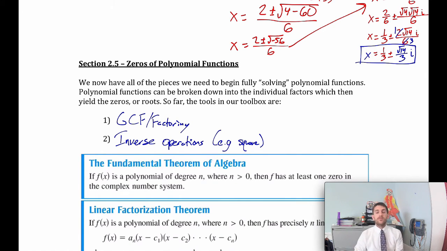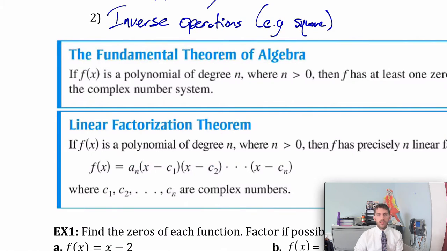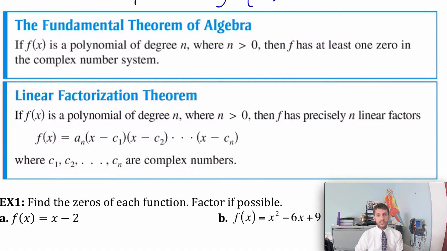So the fundamental theorem of algebra says if f of x is a polynomial of degree n and n is greater than 0, then f has at least one 0 in the complex number system. In fact, at least 1 0 means it's probably going to have 2 or more depending on the function. So we're going to work on linear factorization to figure out how many zeros we can find.